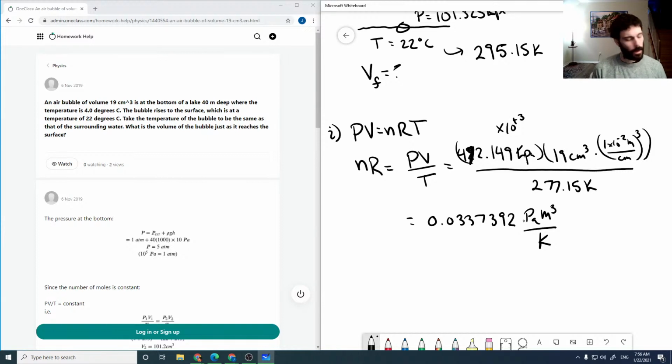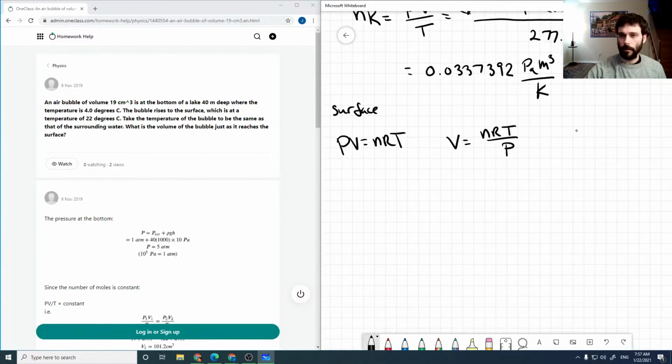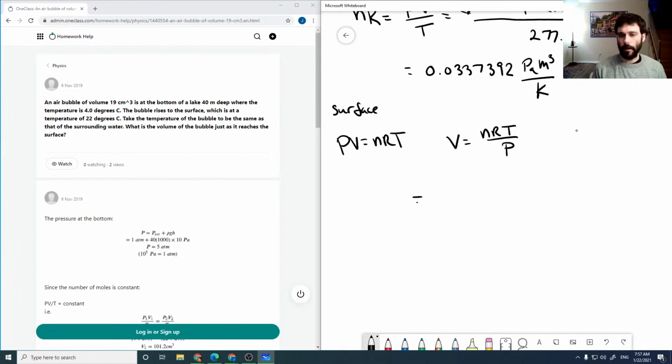Okay, so then at the surface, we have PV equals nRT. Again, we want to know the volume, so our volume is nRT over our pressure. We can use our nR that we just solved for, so 0.0337392 pascals meters cubed per Kelvin.